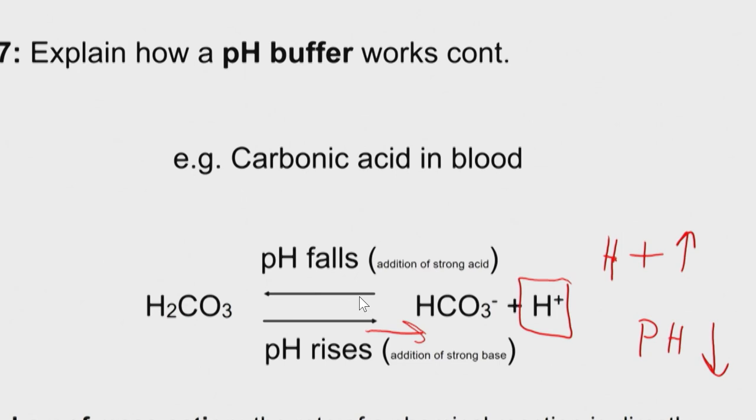I could actually take that H plus out and reform the carbonic acid and remove that H plus from the solution. So having these little buffering systems, these reversible reactions where things can flip between the carbonic acid and having the free H plus in solution, gives your body a way to resist and to kind of fight and maintain these proper pH levels.